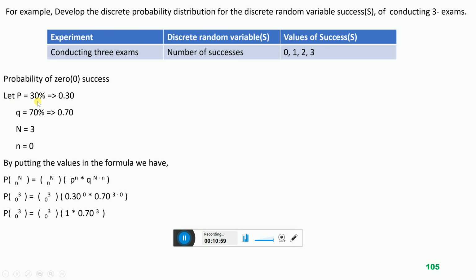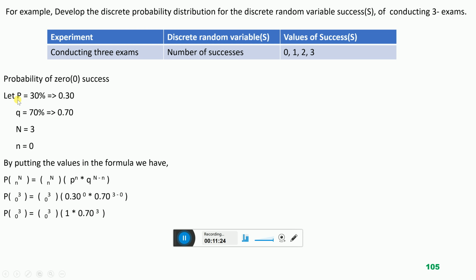Suppose probability of success is 30%, 0.30. So when the probability of passing exam is 30%, what is the probability that he will fail exam? 70%. So we can find the probability of failure using the probability of success. 1 minus 30% is equal to 70%.